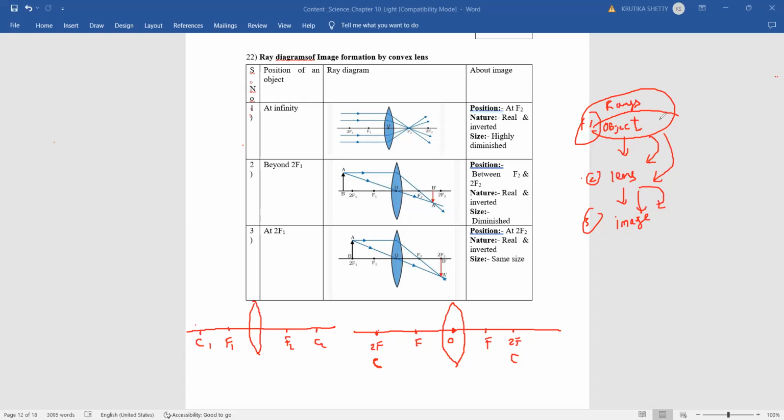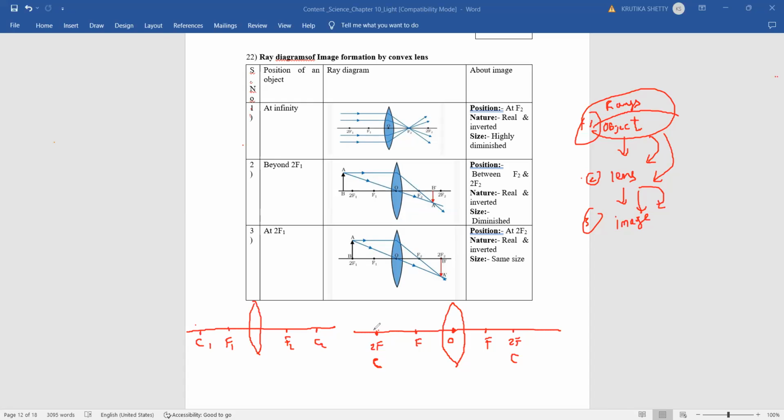In the same way, whenever the object is far from the lens, the nature of the image is different, and when it is very close to the lens, the nature of the image is again totally different. We will try to understand this one by one.